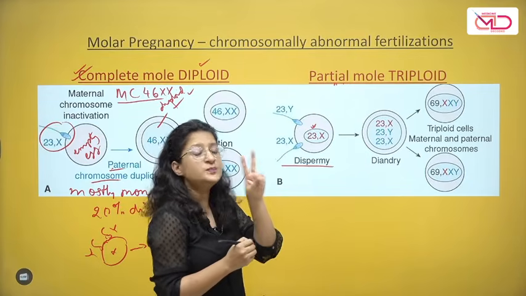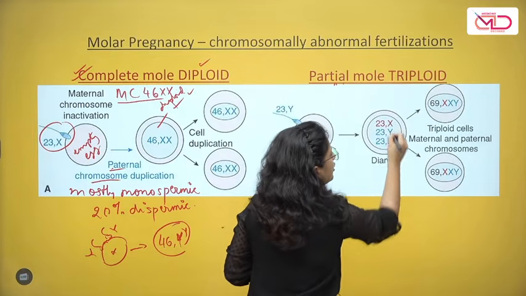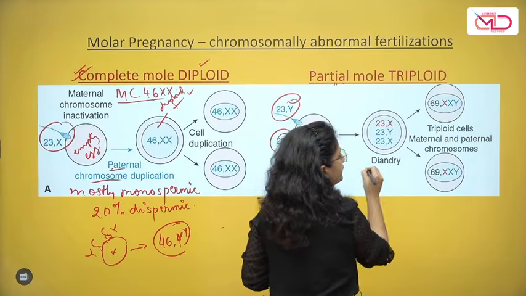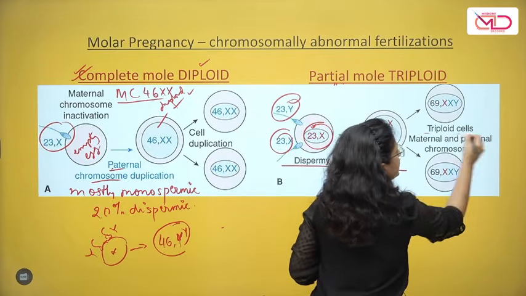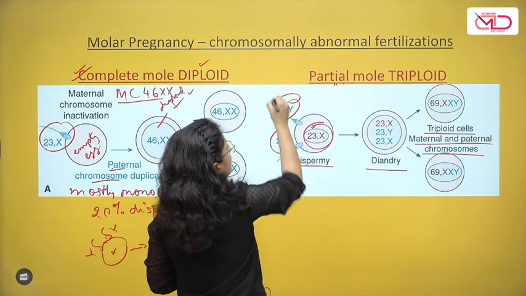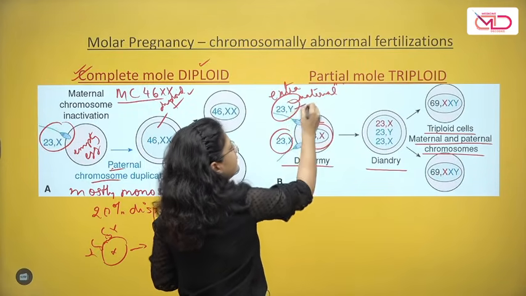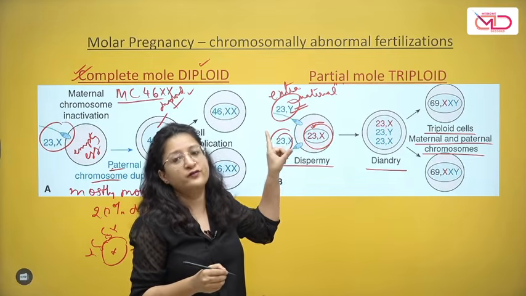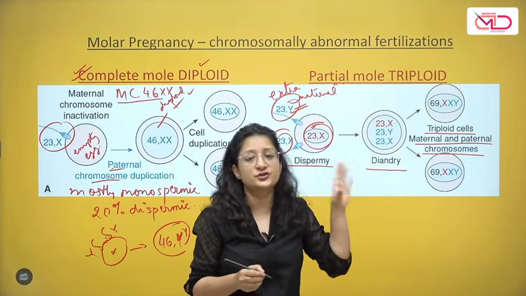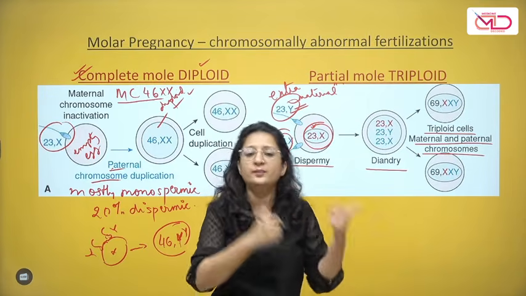That means two sperms fertilize the egg and that results in a triploid conceptus. In triploid cells, maternal and paternal chromosomes are both present, and the extra genetic material is coming from the father, from the sperms. So this is how chromosomally abnormal fertilizations lead to two distinct kinds of molar pregnancies, which is a complete mole and a partial mole.